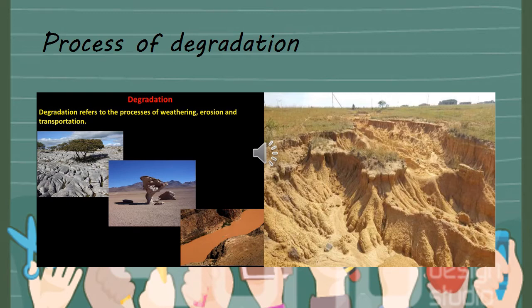So the higher landforms such as mountains are lowered down because of degradation, through the wearing and tearing down of rock materials, and with the help of these materials the basins and the depressions are filled up. The surface is made to an even level.